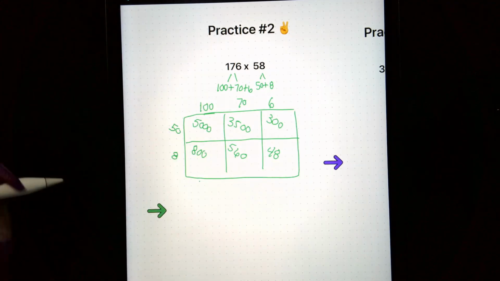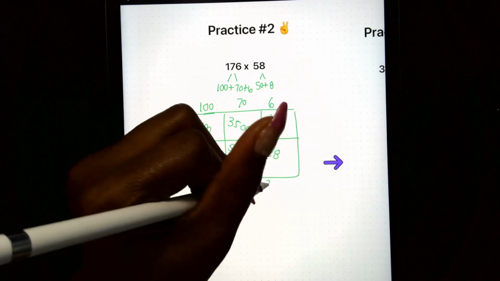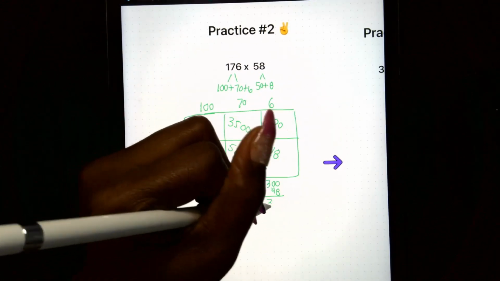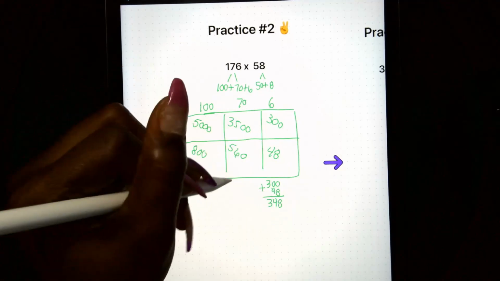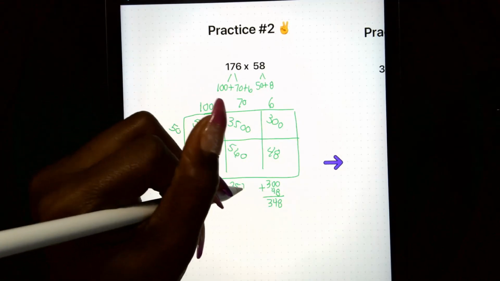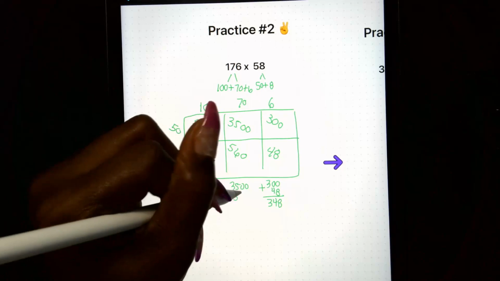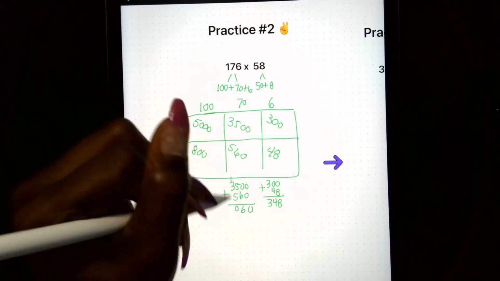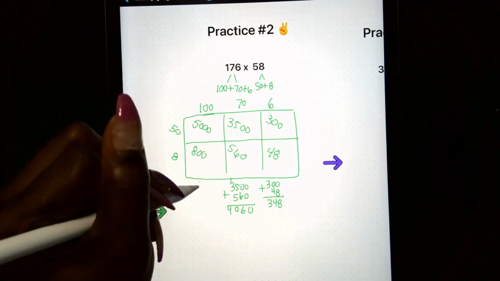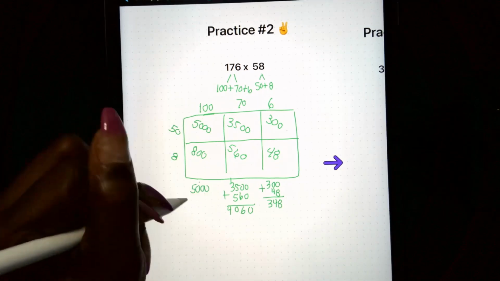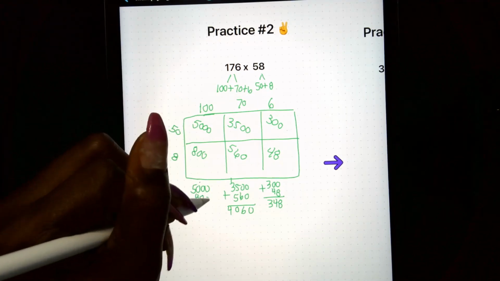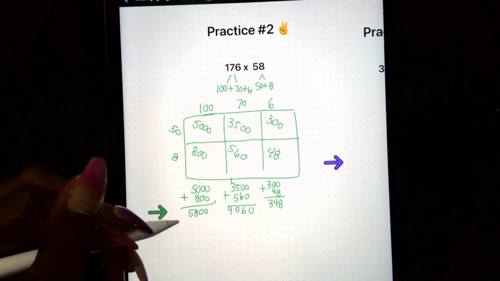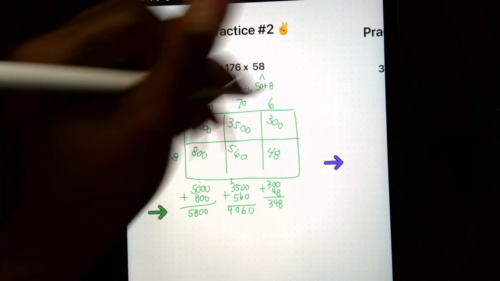Now, again, let's add them together. And let's add these three numbers to get my final answer.